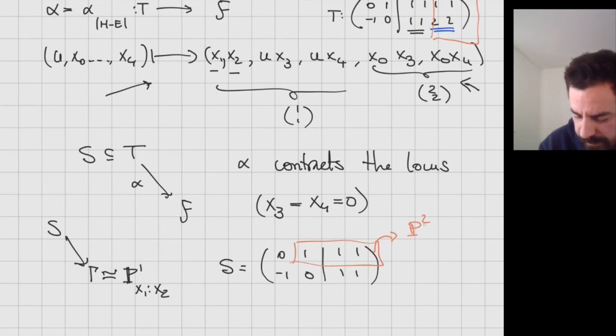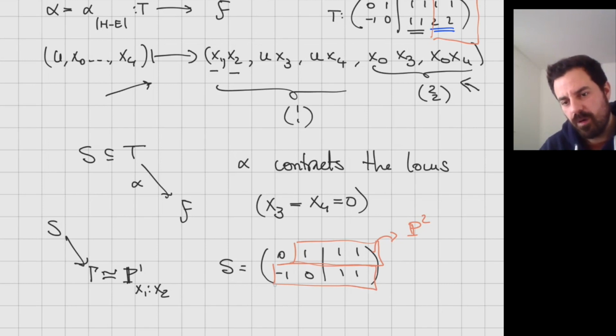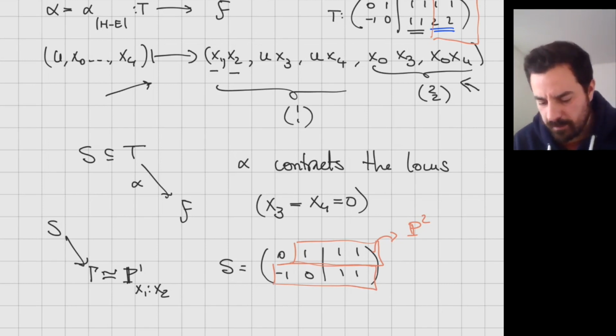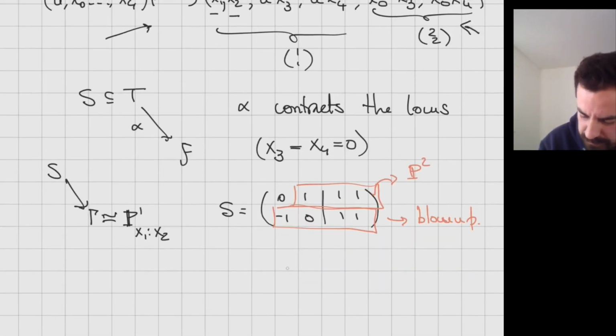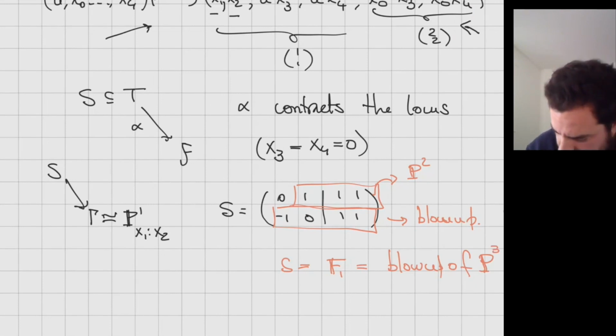So this is a P2. And this is a C-star action defining a weighted blowup of P2, which happens to be the ordinary blowup. So S is actually F1, which is the blowup of P2 at a point.